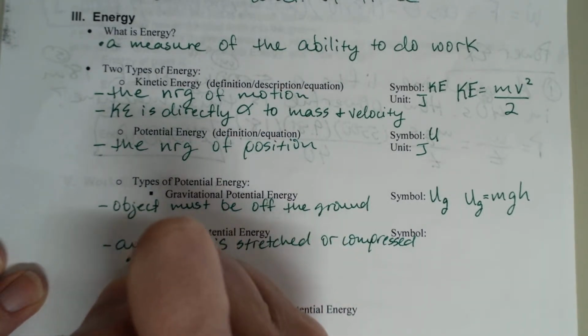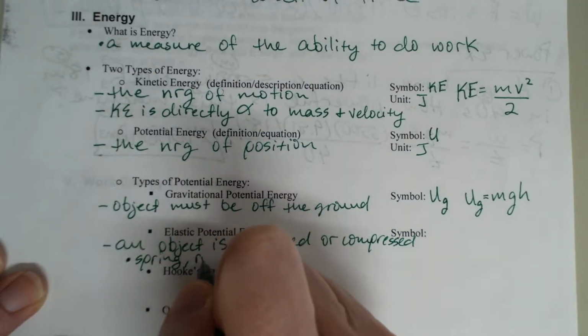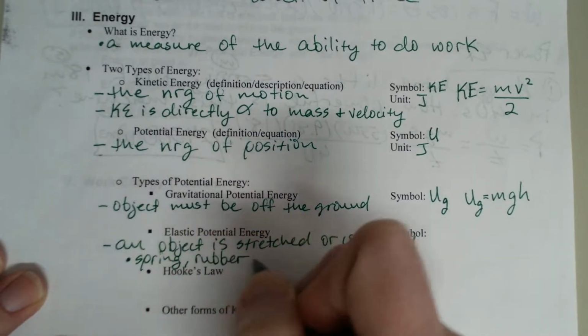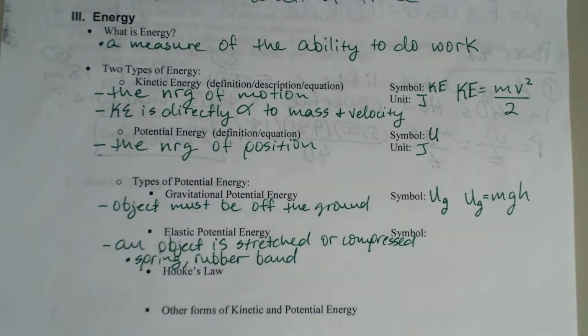That could be a spring, could be like a rubber band, like things that are stretchy. If you think of things that are stretchy, they have elastic potential energy. Now they only have this elastic potential energy when they're stretched or when they're squished. Otherwise they don't have the elastic potential energy stored. They're just relaxed. They don't have any energy. They have to be stretched or compressed.